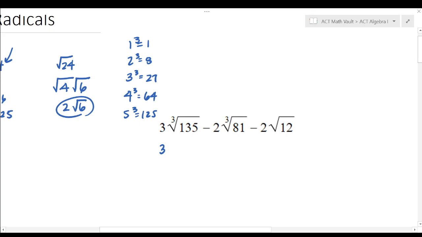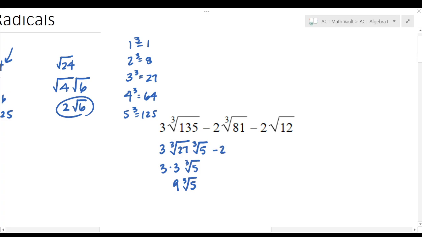I'm thinking about what goes into 135 that is a perfect cube. And it looks like, after messing around with my calculator, that a 27 can actually come out, because 27 times 5 is 135. That is a cube root of 3, cube rooting that 27, and then cube root of 5 comes down. This is 9, cube root of 5.